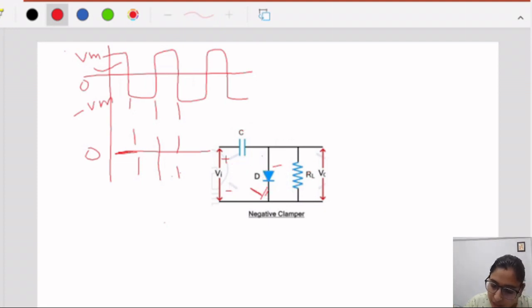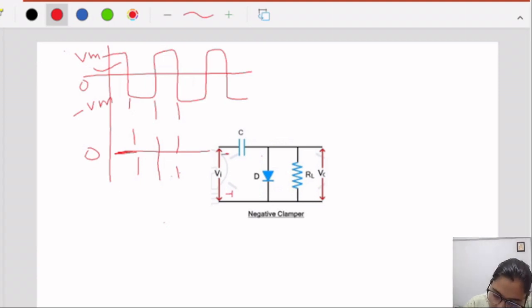Now we will consider what is happening in the negative half. So in the negative half, polarities are like this and this. Now this capacitor is also charged from the positive half cycle, so polarity across the capacitor will also generate, and these are the polarity of the diode. So we can see that the capacitor voltage and the input voltage both are making the diode work in reverse bias.